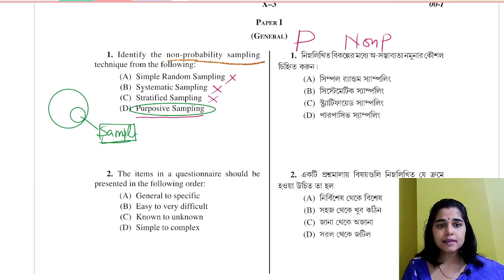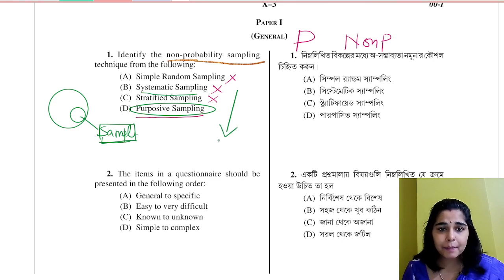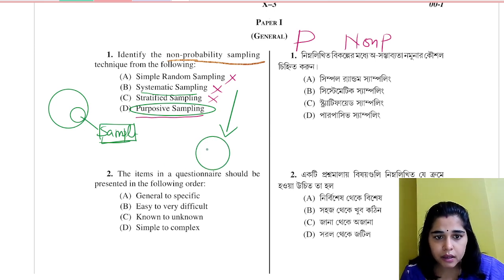And what is this? Systematic sampling. Systematic sampling is, suppose there is a population and you are going to take the nth number. Suppose you are taking the fifth. Suppose there is a population of 100.